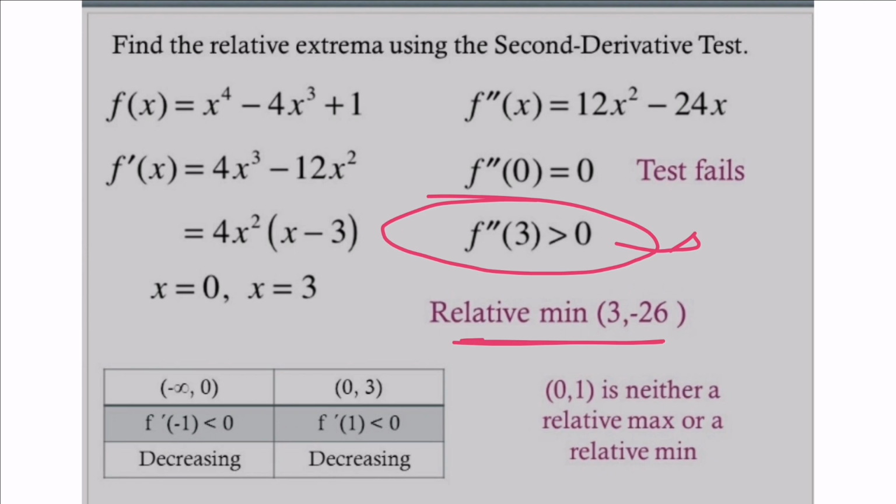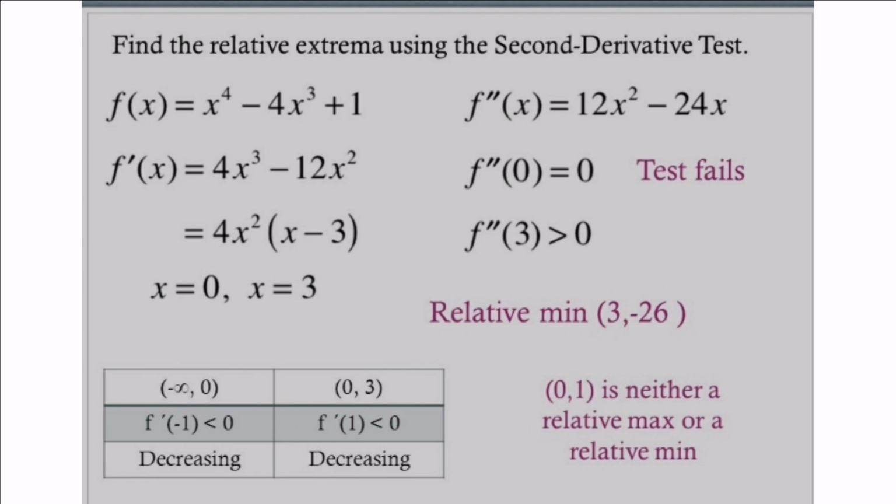Now we check the first derivative near x equal to 0, on the left side and the right side. So from the interval minus infinity to 0 and then 0 to 3.